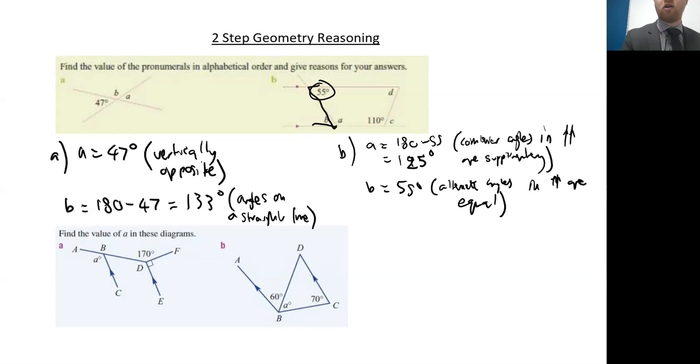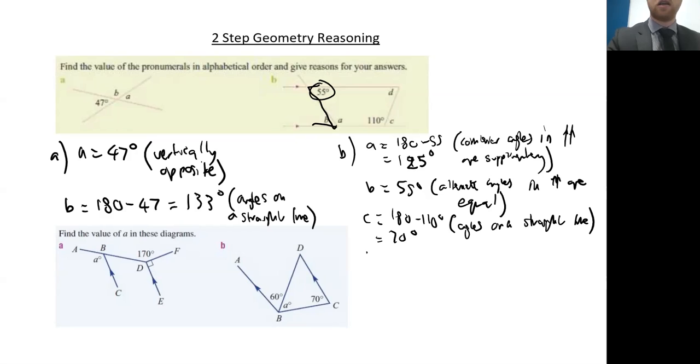I've got a couple more to find out. I've got to find C. Okay, and we can see C is on a straight line with 110. So we can work it out. It's going to be 180 minus 110 because angles on a straight line, and that will be 70 degrees.